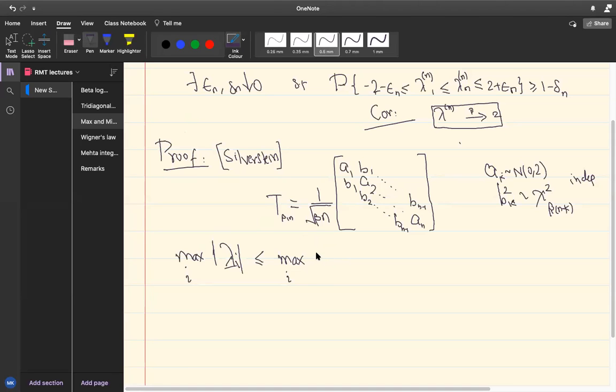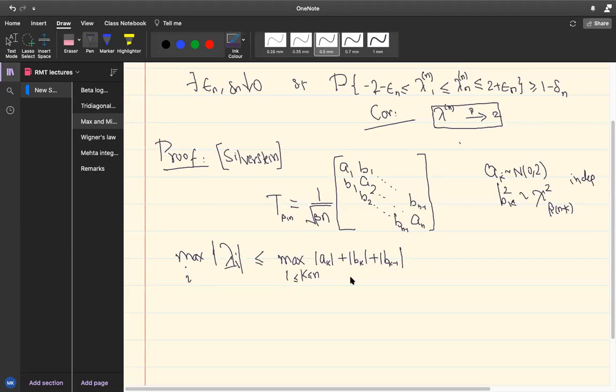So absolute row sum. In other words, if you take the kth row, mod AK plus mod BK plus mod BK minus 1, for K between 1 and n.